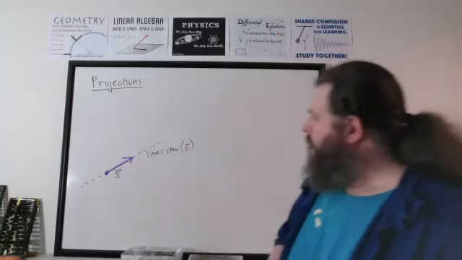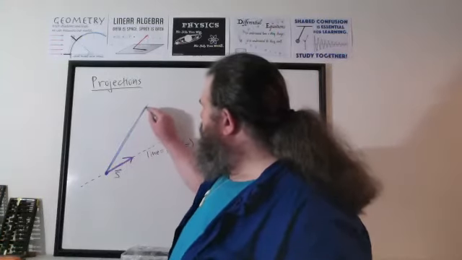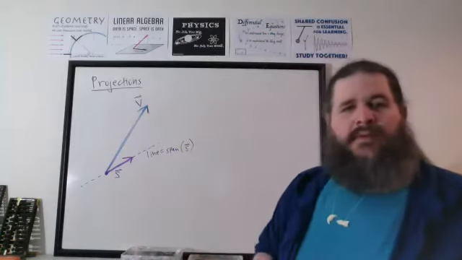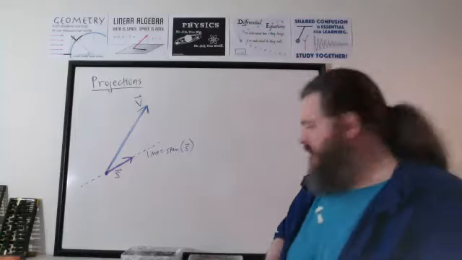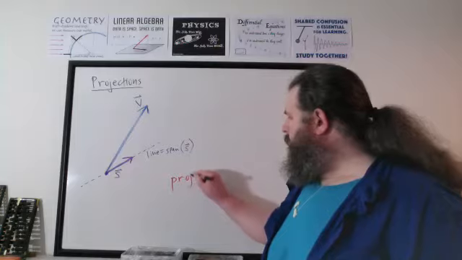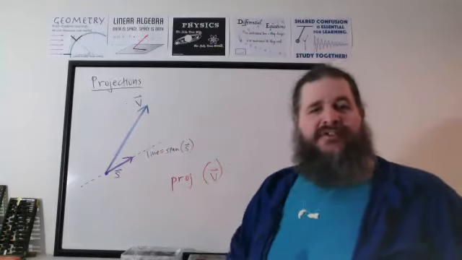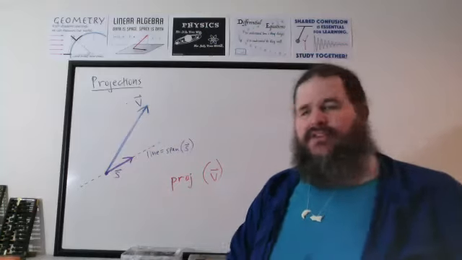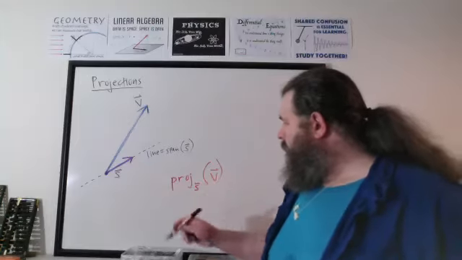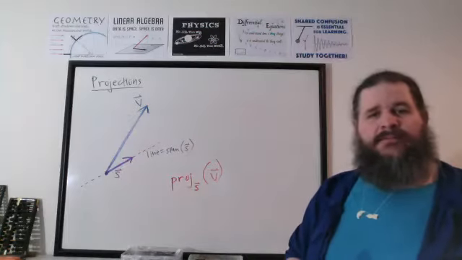Let's say we have this vector, and we'll call this vector V. If we want to create the projection of V onto S, formally it's the projection of V onto the span of vector S. But we usually just write this as the projection of vector V onto vector S. Just keep in mind, this means we're projecting vector V onto the entire line created by vector S.